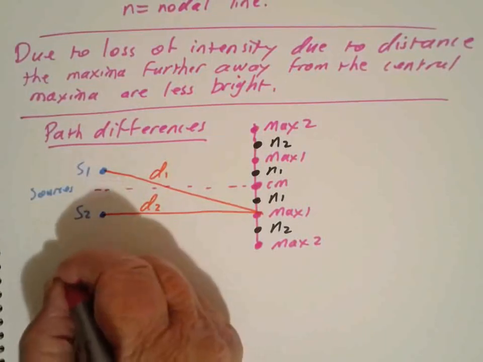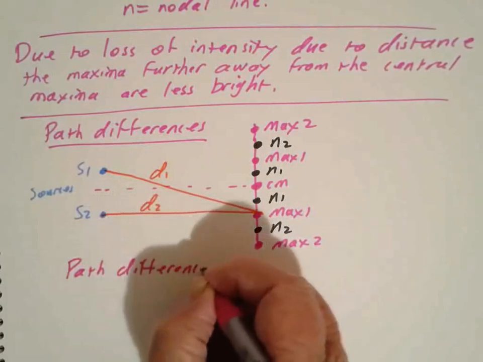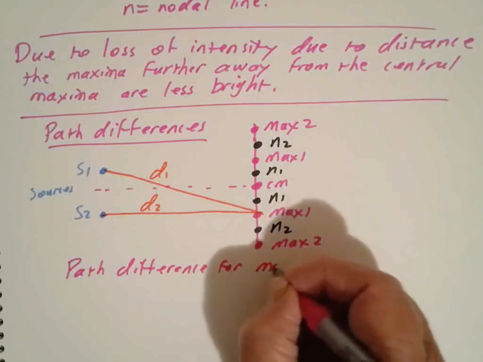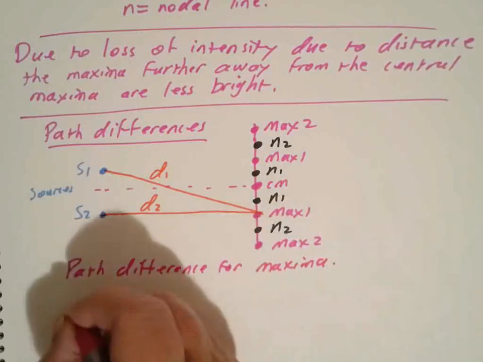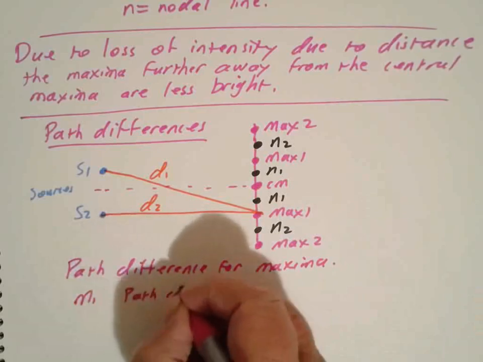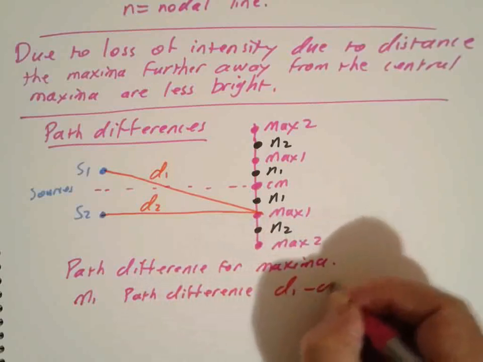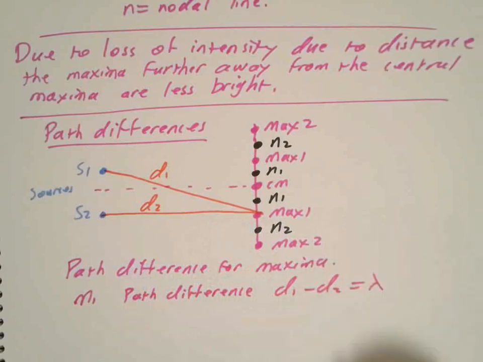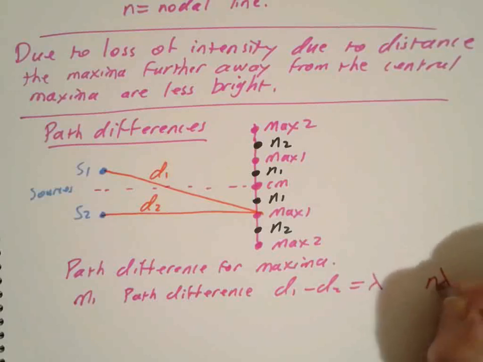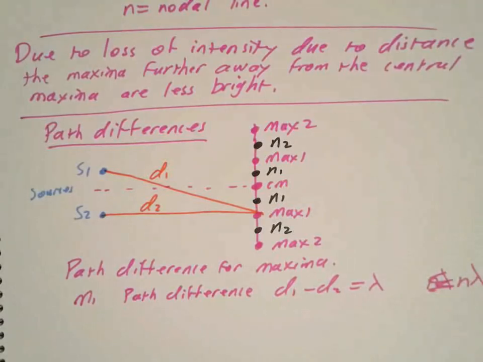So the path difference for maxima, to M1, which is D1 take away D2 equals lambda. Now, to generalize it, that means it's n lambda, always a whole number of wavelengths, because that way the waves match exactly again.